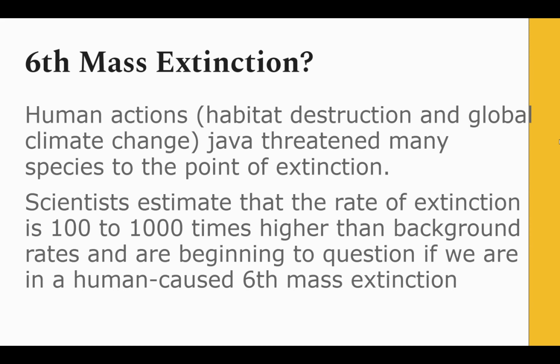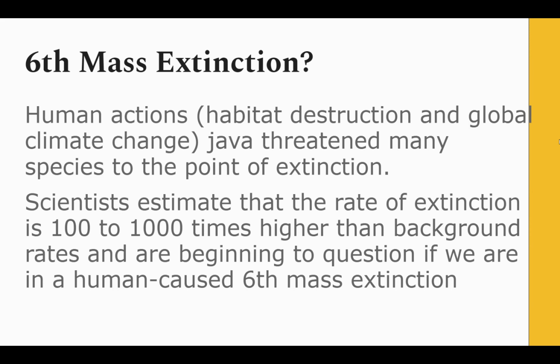So scientists think that we are beginning a 6th mass extinction, this one being all human caused rather than a natural disaster like a volcanic eruption or an asteroid strike.